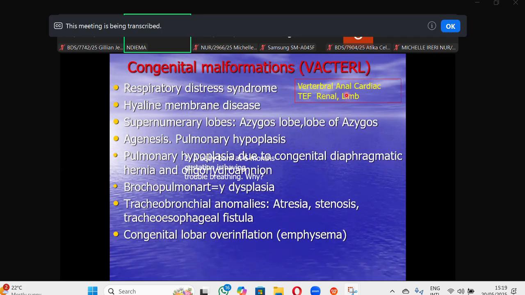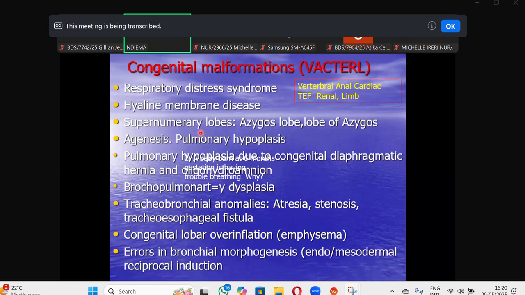You note that in all this, there's migration of cells. So any genes or morphogens responsible for the migration of the cells are common genes. Therefore, whenever you have respiratory distress syndrome, you must check for other abnormalities. When you have hyaline membrane disease, check for other abnormalities. When you have tracheoesophageal fistula, also check for other abnormalities. That is the message that we need to remember.